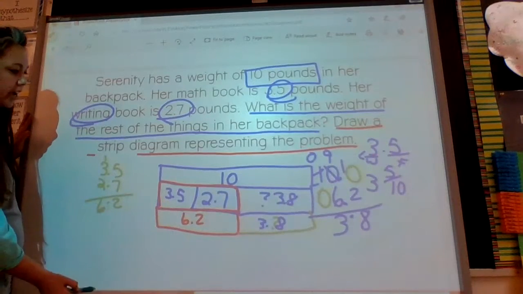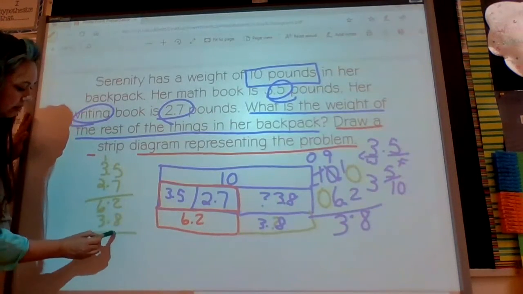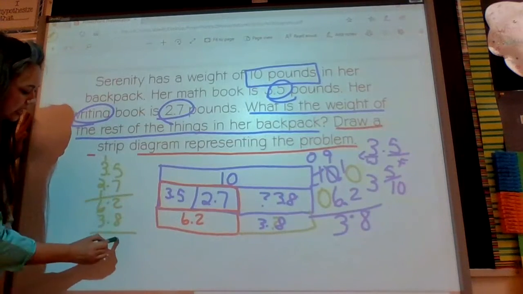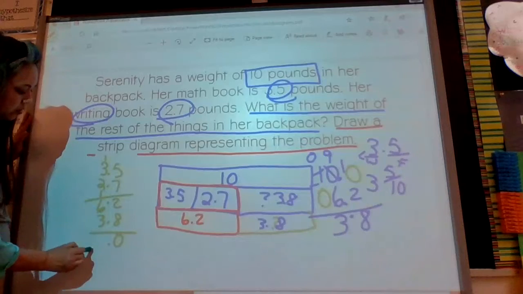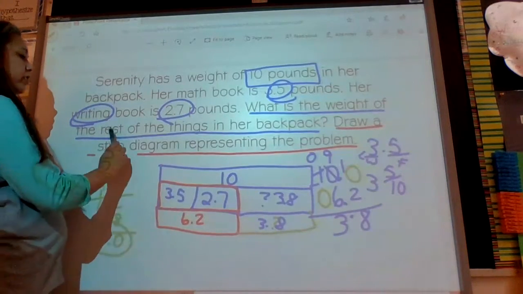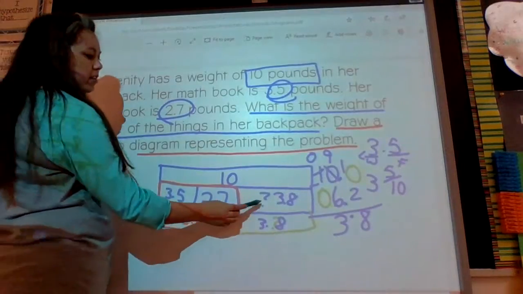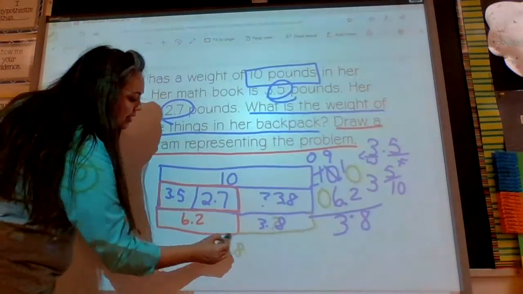But now we're going to add the 3 8/10. 8 plus 2 is 10. Carry the 1. Bring down that decimal. 6 plus 3 plus 1 is 10. So we got our total. So then what was the rest of that weight? What was our unknown? The answer is 3 8/10.